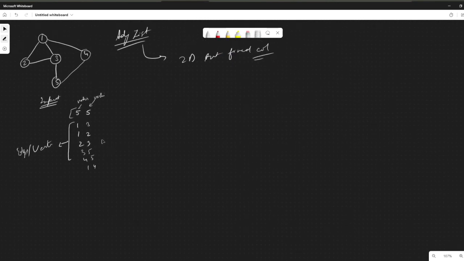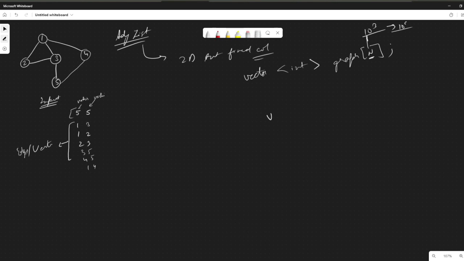The input is given in this form, 5 vertices. We make a vector array of integer type, let's name it graph, with a predefined size, suppose 10 raised to power 3, or let it be 10 raised to power 6.